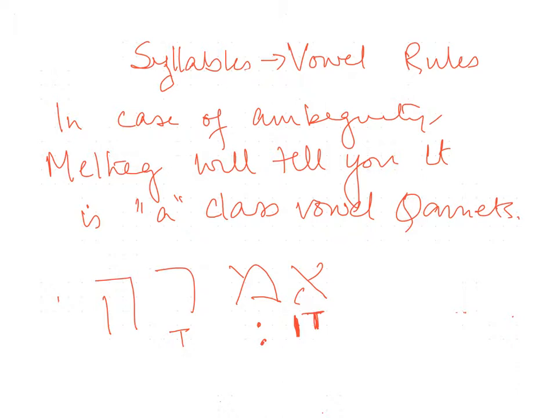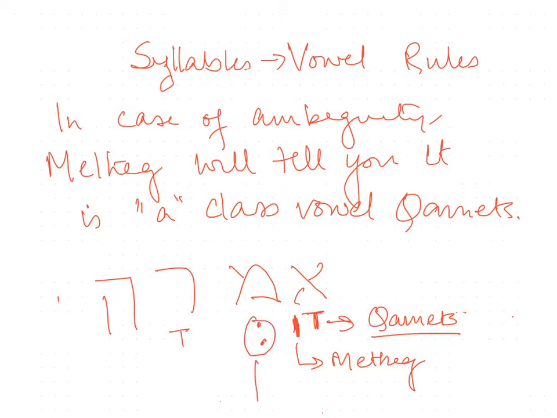The moment you see a metheg here, you should be assured that this is a kamets and not a kamets katuf. The metheg will tell you clearly it's a kamets. If you remember the rules of metheg, this will be a vocal sheva. In other words, a metheg cuts the line because a vocal sheva will now start a new syllable, if you're going to break it up into syllables.